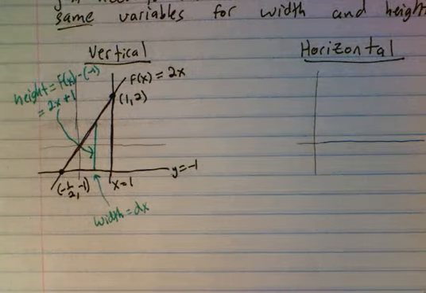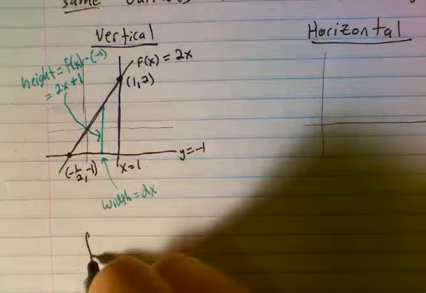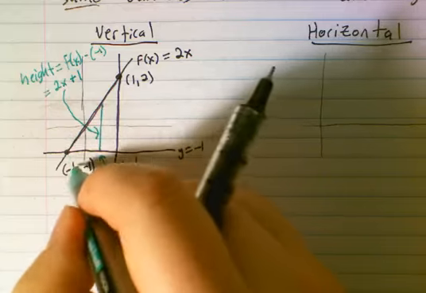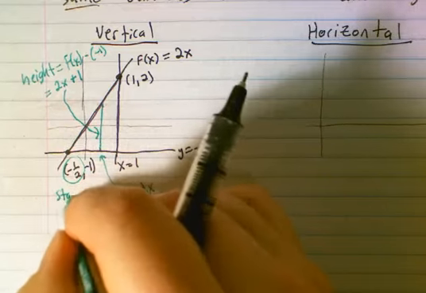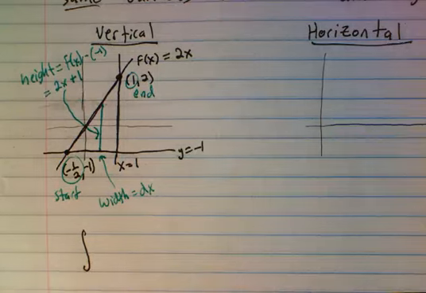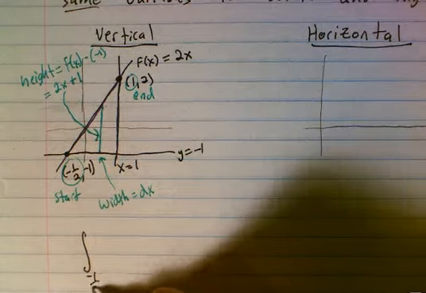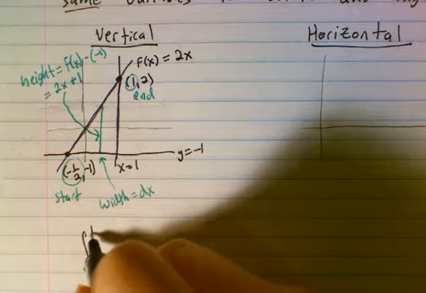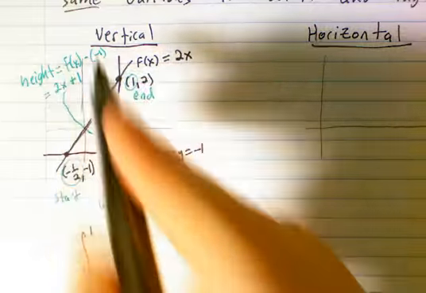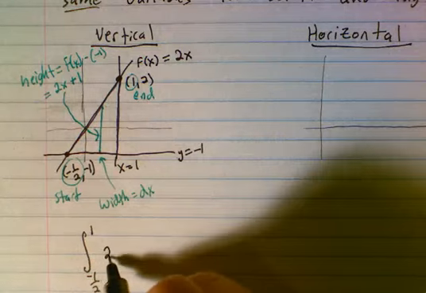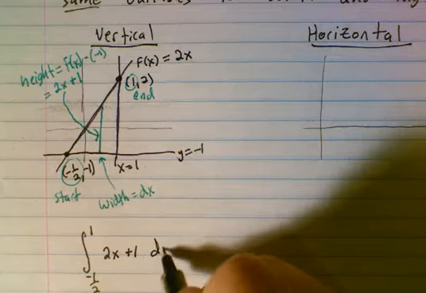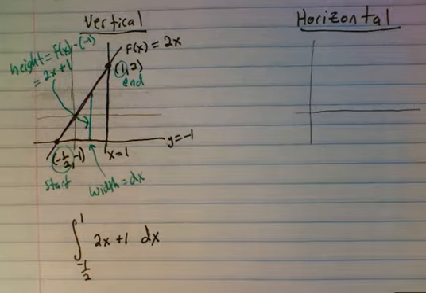So when we took that and set that up to be our integral, our starting point for x was right here, our ending point was right there. So we started with -1/2, ended with 1. Our height was f of x minus -1, or 2x plus 1. And then our width was dx.